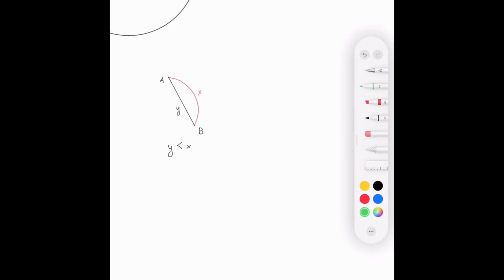Our second assumption will have to do with convexity. Note that this region here that is bounded by the line segment AB and by the arc whose length is x is convex. What that means is that if I take any 2 points inside this region, no matter where they are, and I look at the line segment connecting them, then this line segment stays completely inside that region.